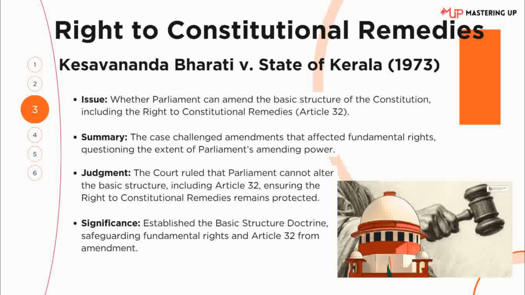The key issue was whether Parliament has the power to amend the basic structure of the Constitution, including fundamental rights like Article 32, which guarantees the right to constitutional remedies.